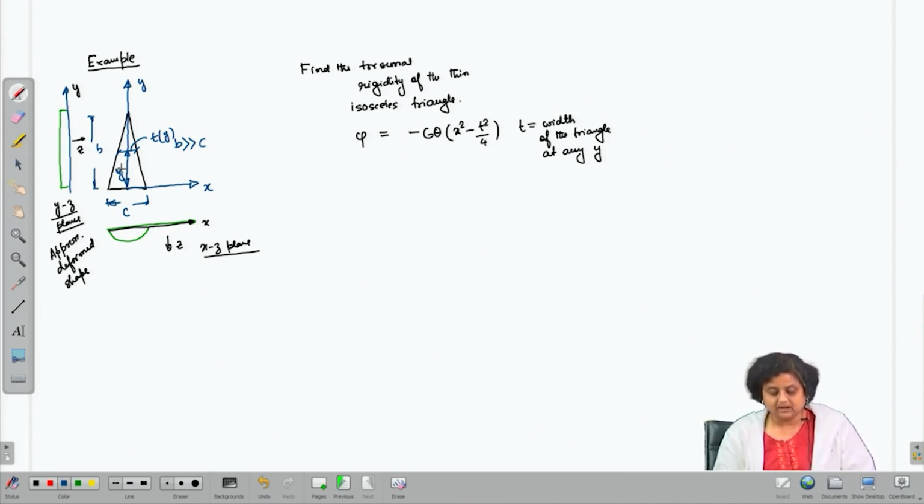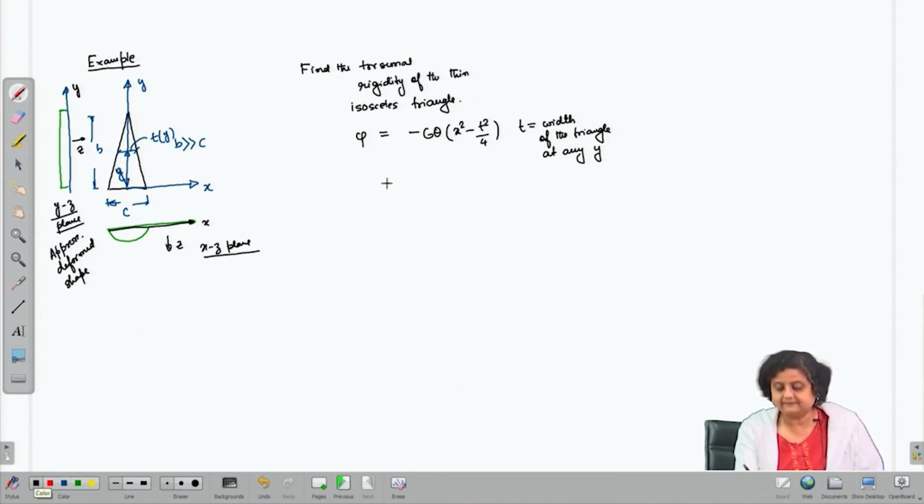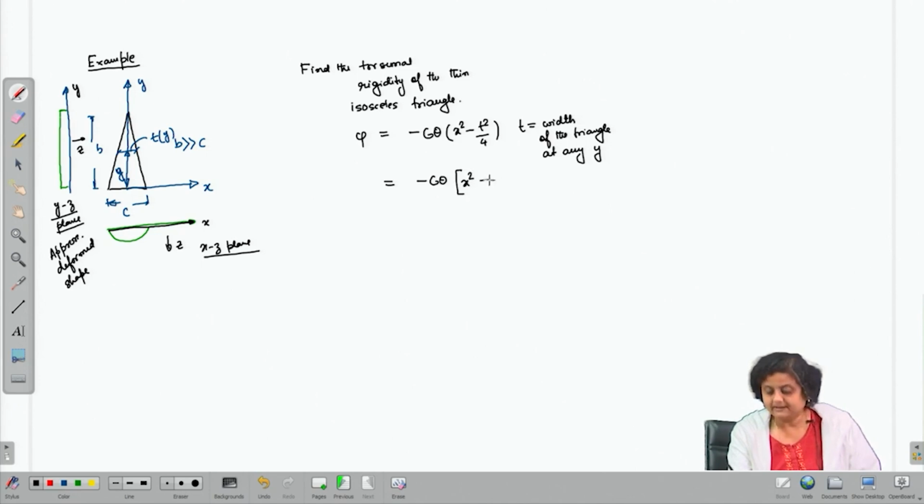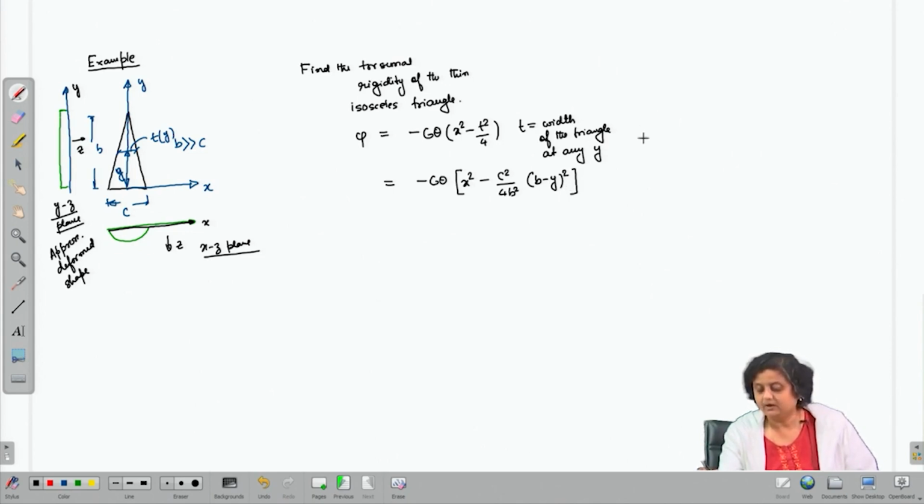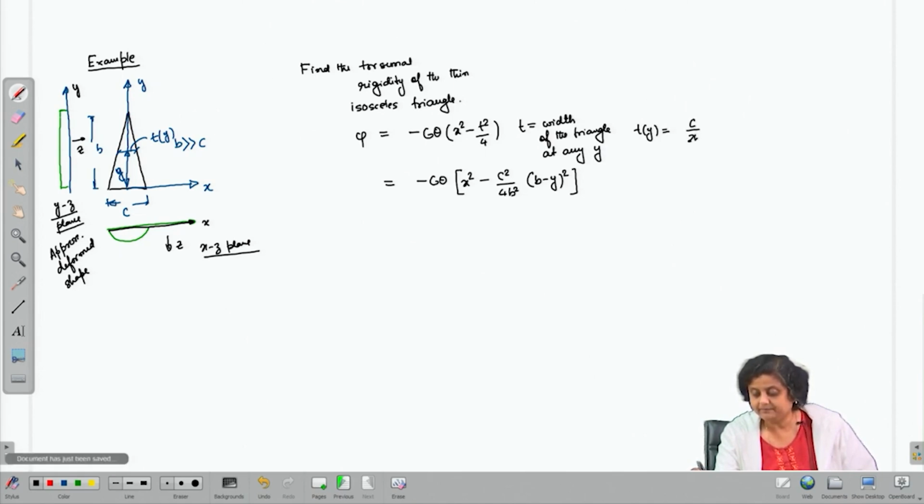So, t is a function of y, at any arbitrary y from the base of the triangle. Now, this can therefore be written as minus G theta into x squared minus c squared by 4b squared into b minus y whole squared, because t, which is a function of y, can be written as c by 2b into b minus y.